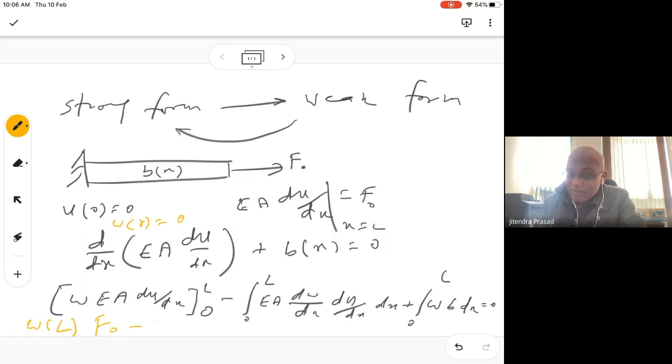Then you have the integral from 0 to L, and the rest will be this one.